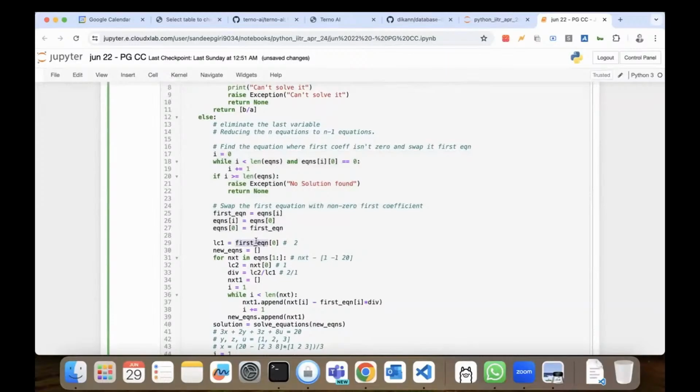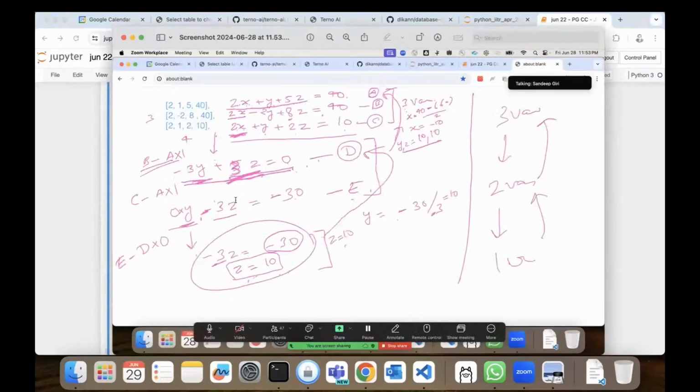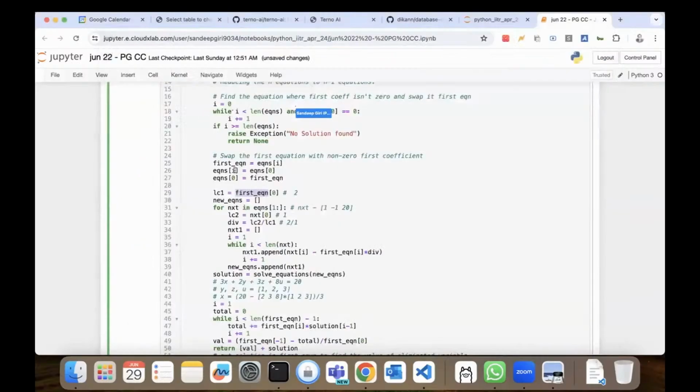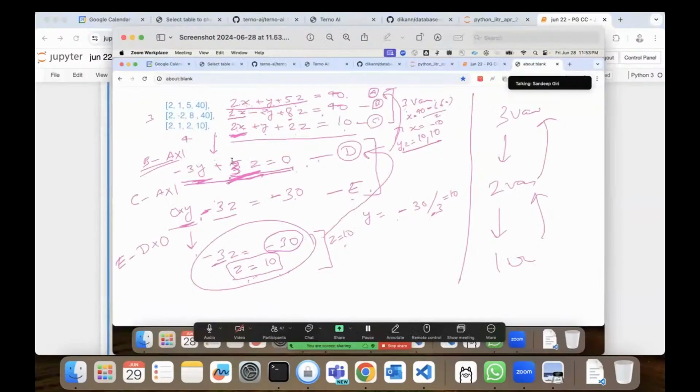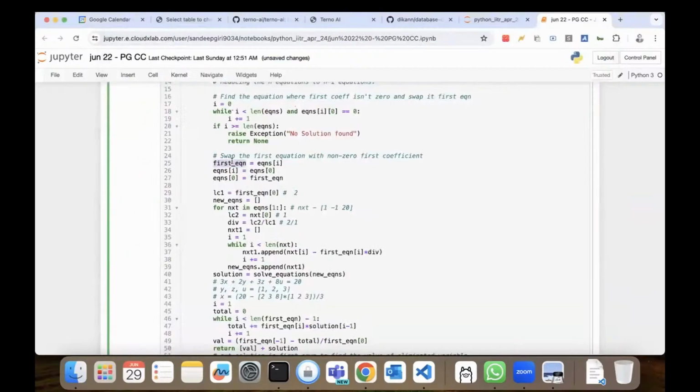We picked the first equation, and now we are going to eliminate the first variable. We chose the first equation like this one: 2x plus y plus 5z equals 40. That's our first equation.